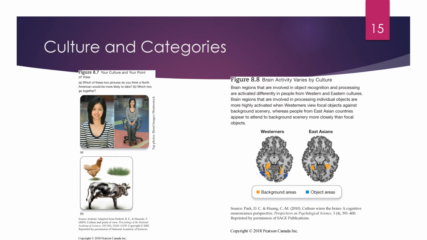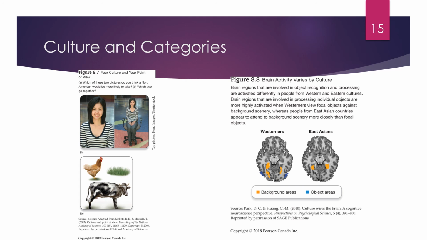And so finally, here are a couple of figures that back up what we were just talking about. Point of view depends on culture. We find that people from Eastern cultures, such as East Asians, tend to focus more on the whole of the image, so the background and everything in relation to each other, whereas a Westerner would pick up both on the focal point and the background.